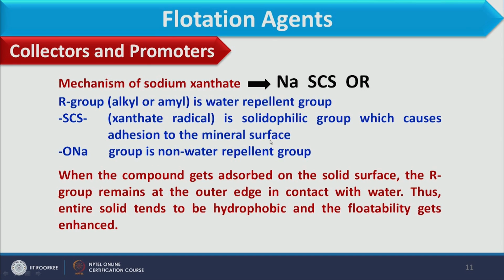So, you see here we have three different groups. Among these three, only R is the group which makes the compound water repellent, and ONa will not be a water repellent group.